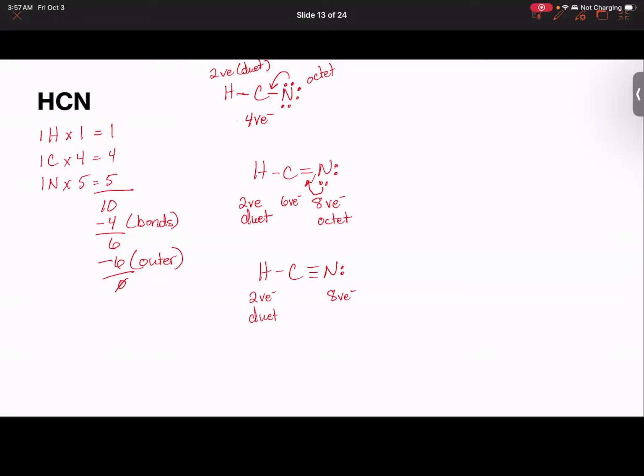It has 6 electrons in the bonds between the carbon and the nitrogen, and it has 2 in the lone pair for a total of 8, so it has an octet. The carbon atom also has 8 valence electrons. It has 6 within the triple bond, and it has 2 within the single bond, so now it has an octet. This is the structure for hydrogen cyanide.